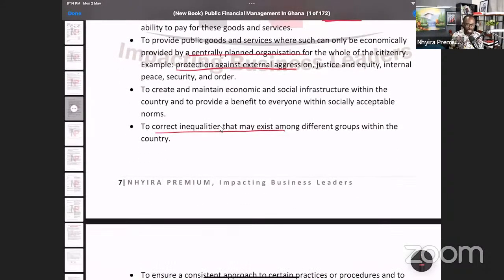It means that if somebody is in a developed city, and the person gets access to quality water, electricity, education, and security, somebody in the village should also get access to what? Quality water, electricity, quality education, and quality security. That is what we mean by correcting inequalities. But you know that it is not like that. I mean, it is not like that every time, but it is what it is.